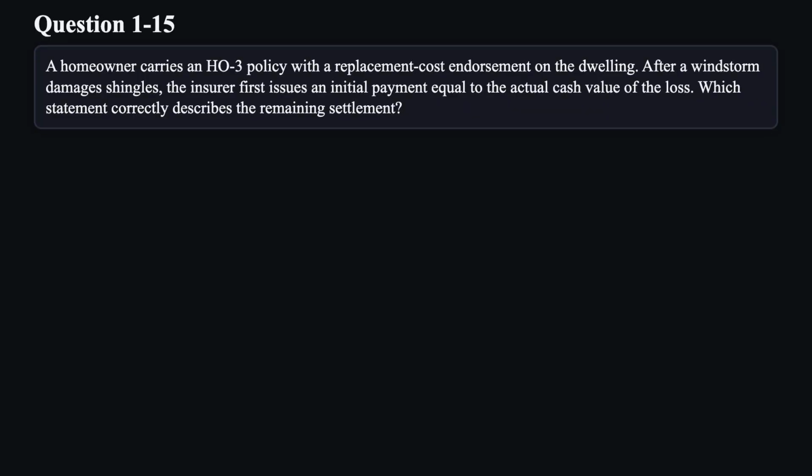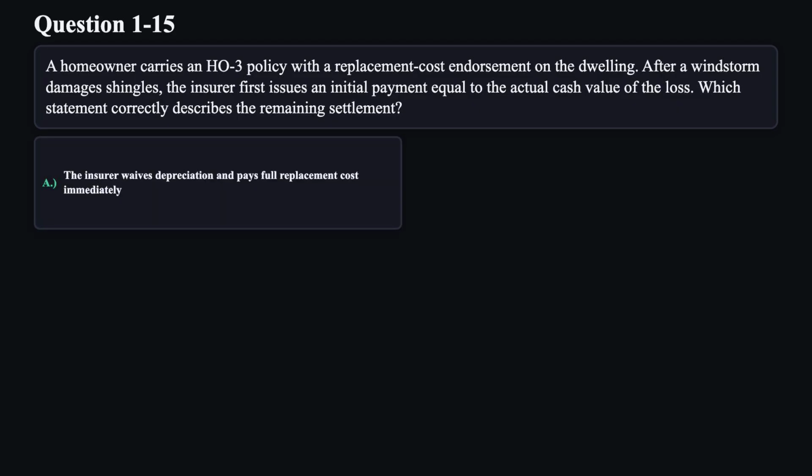Question 15. A homeowner carries an HO3 policy with a replacement cost endorsement on the dwelling. After a windstorm damages shingles, the insurer first issues an initial payment equal to the actual cash value of the loss. Which statement correctly describes the remaining settlement? A. The insurer waives depreciation and pays full replacement cost immediately.